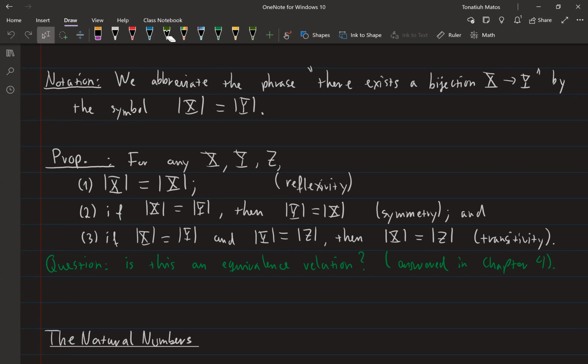And I said that this is not really an equivalence relation, and the only thing that fails is that an equivalence relation is, well, a relation to begin with, but relations have to be defined on sets. But in this case, what would be the set that this relation is defined on? It seems like that would have to be like the set of all sets.